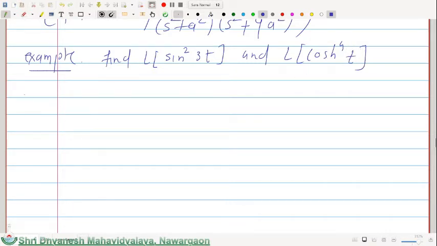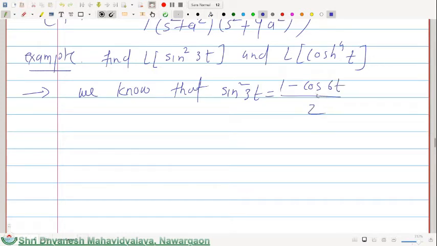Okay, so again here is sine square 3t, and we have the formula for sine square a, so we use that formula here. We know that sine square 3t equals (1 minus cos 6t) upon 2.